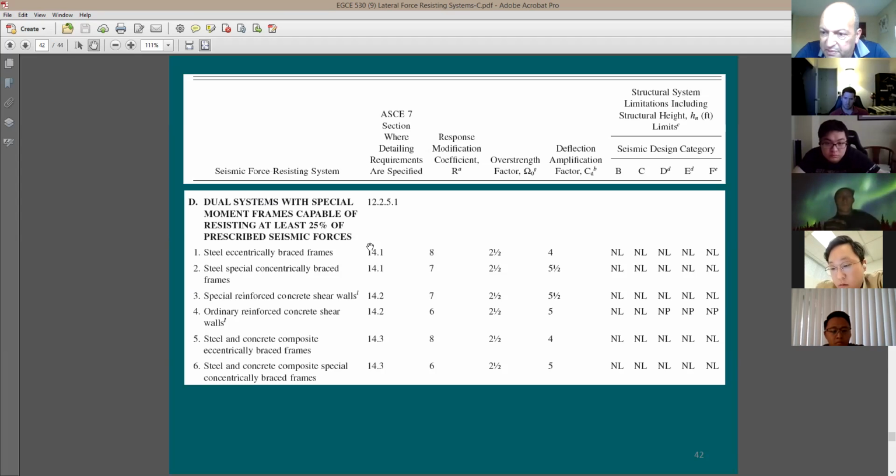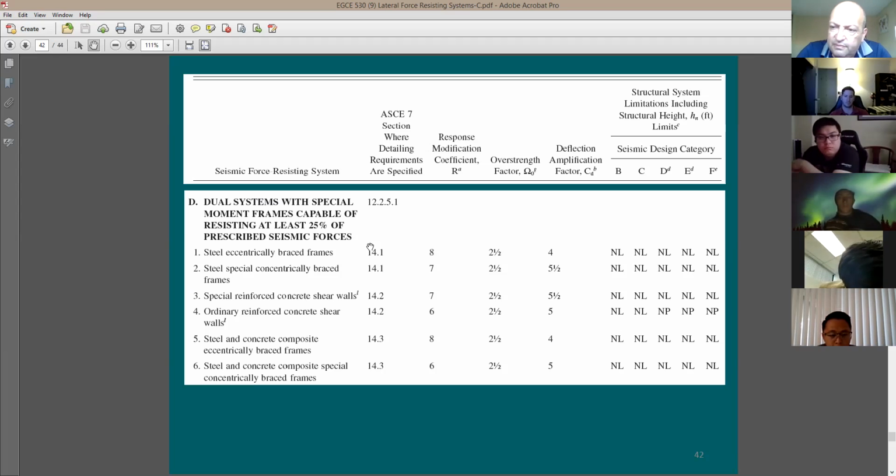When you have a stiffer member and you put a vertical or horizontal load to it, the stiffer of the two members is going to be sucking most of the load. So if you put a moment frame in the same direction with a brace frame, the brace frame is going to be taking maybe 90% of the load, and the moment frame is going to be designed only for 10%.